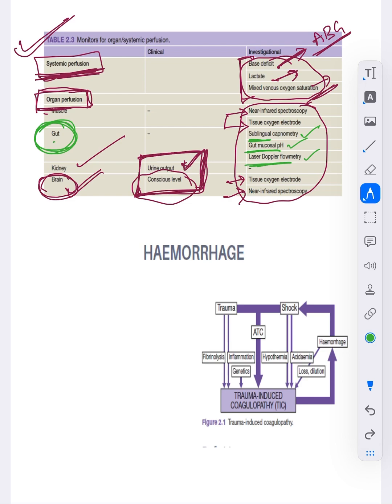Okay, one question that can be asked from this diagram. Is ATC a part of trauma induced coagulopathy, or is trauma induced coagulopathy a part of ATC? Okay, ATC means acute traumatic coagulopathy, TIC means trauma induced coagulopathy.